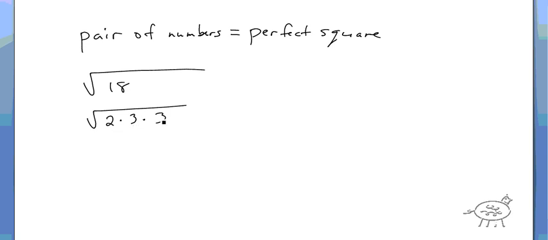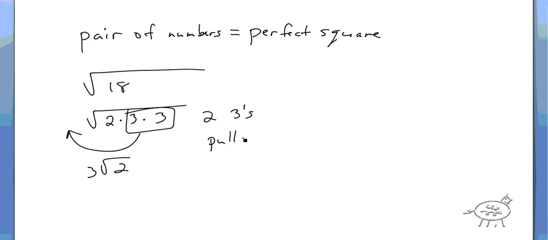This is another way of looking at it. If I have a pair of 3s, when I pull it out, I just have one of those, because it's like saying the square root of 9 is 3. So 3 root 2. If you have a pair, you basically pull out pairs.